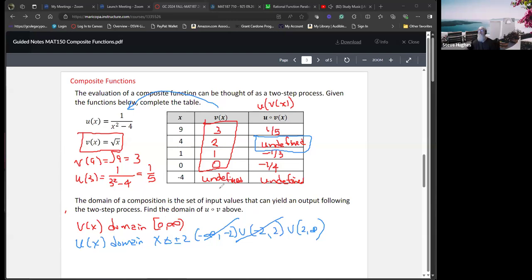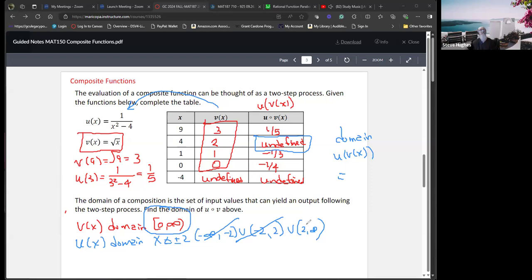So my domain for my composite function must start with this domain of v of x. So the domain for u of v of x is equal to this domain. That's the main set, this domain right here. And then I have to take out anything else that won't work. And notice what won't work up here, everybody. 2 won't work.